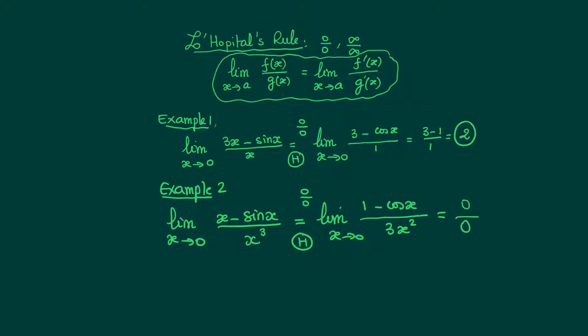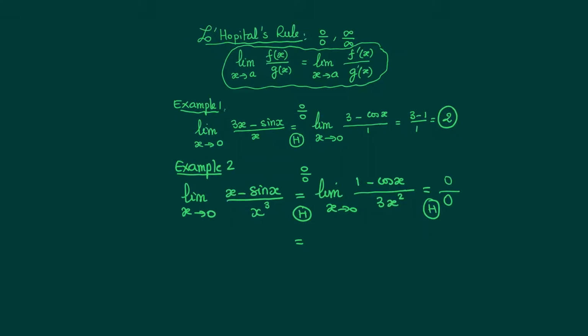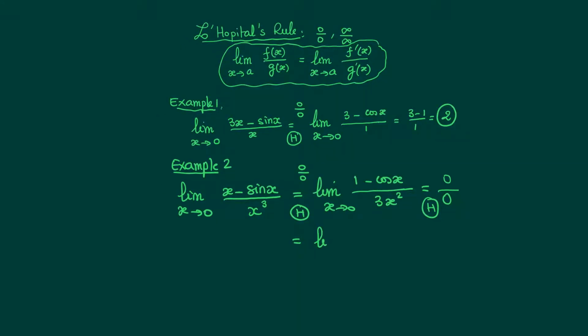So again, we can use L'Hopital's rule. So then we say it's the limit as x goes to 0 of the derivative of minus cosine x, which is basically sine x, over the derivative of 3x squared, which is 6x.